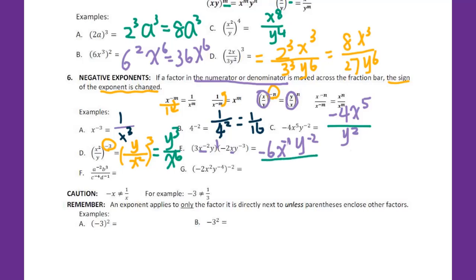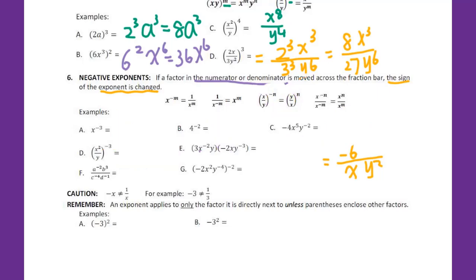Then you will drop down the negative exponents. So negative 6, you stay. Then x to the first power, then y squared. That's your answer.